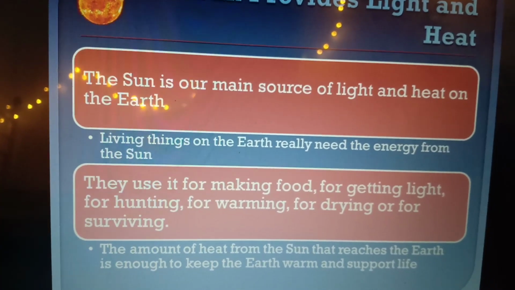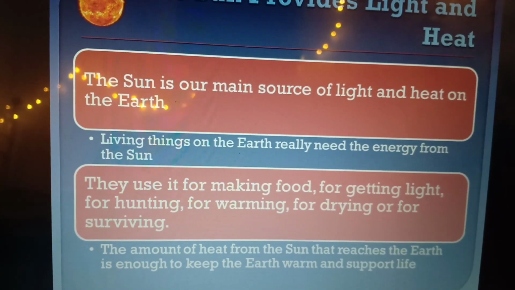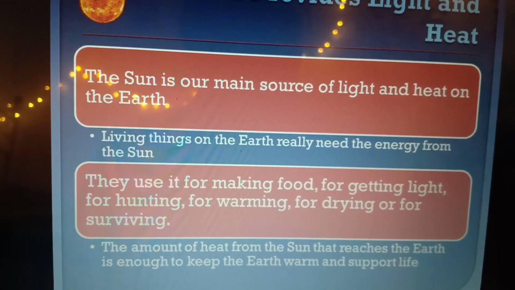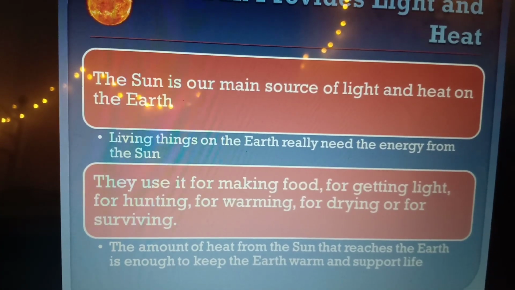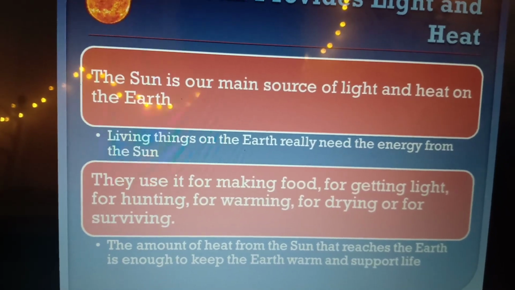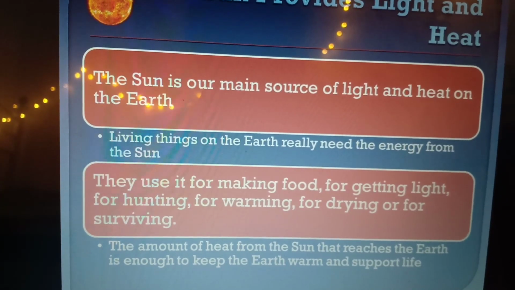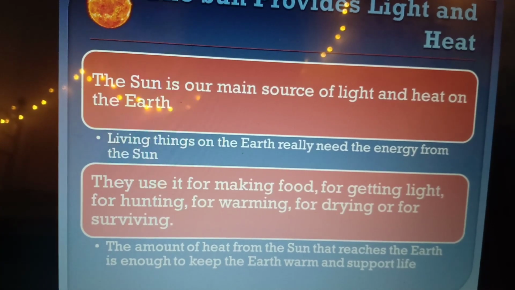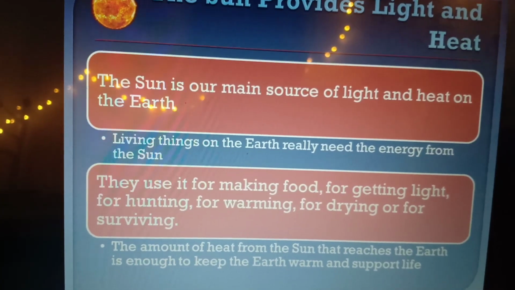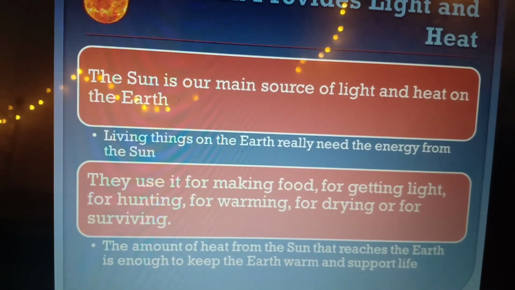If the temperature is too cold, we are going to die. Even though we have a heater or a tool that can help make our body warm, it's not the same as the sun.